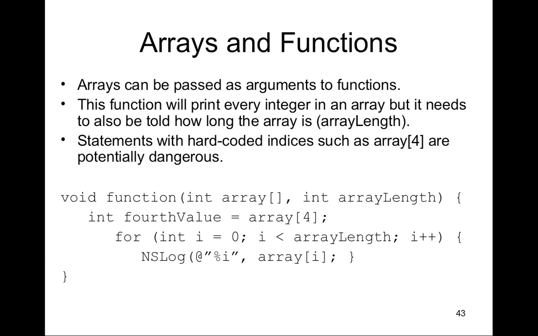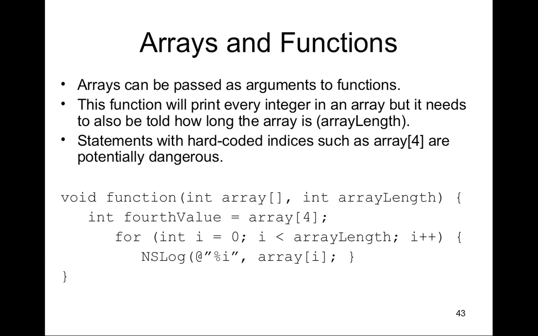So, arrays and functions. Arrays can be passed as arguments to functions, and in C it's kind of interesting because there are some interesting side effects. Arrays are implemented as a pointer reference in C, but it's passed by value and gets treated like a pass by reference.